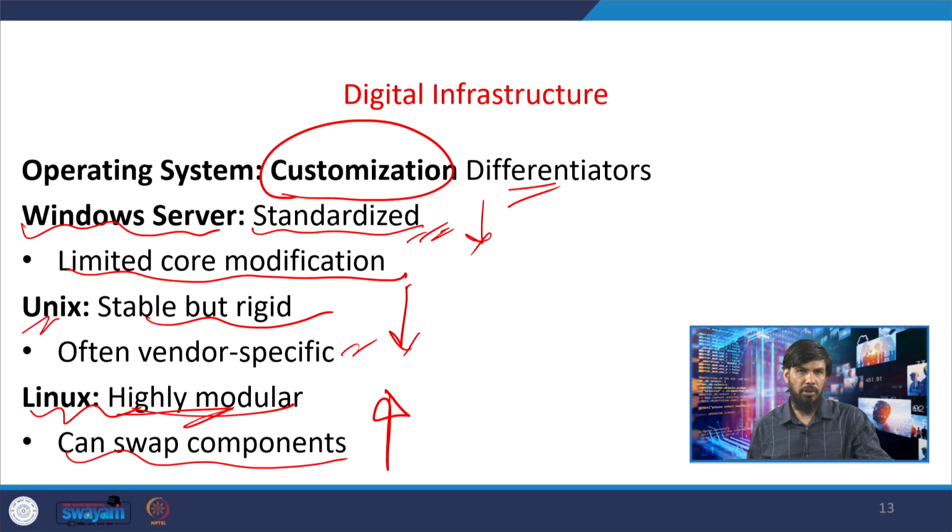So in terms of customization, if some organization has some hardware or software requirement where they also need to customize the operating system, then maybe Linux is something that they can go for, because it is highly modular in that case, right. So that was about customization and the differences. Windows Server and Unix being pretty much lacking options in terms of customization, and Linux giving the option.